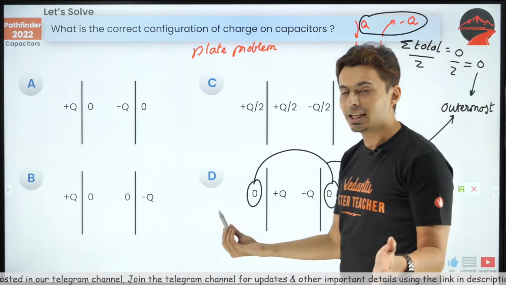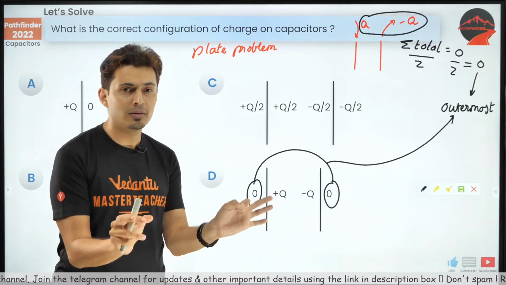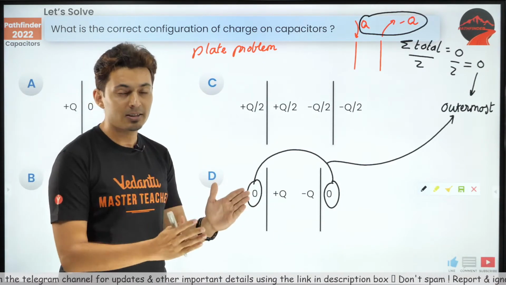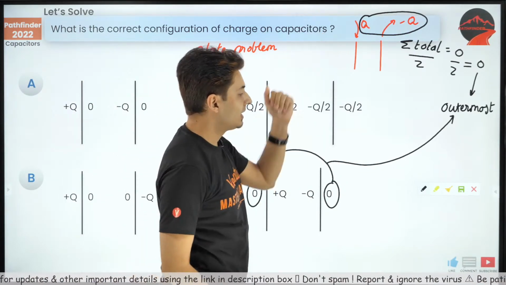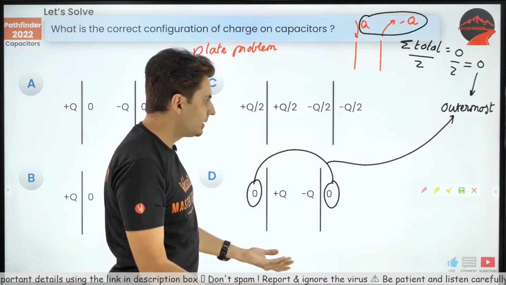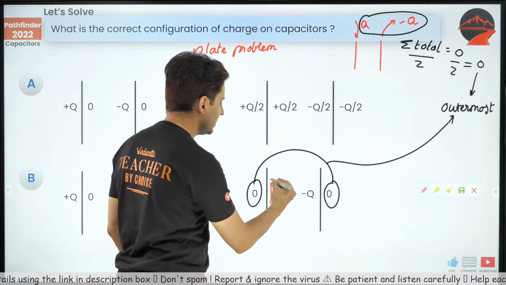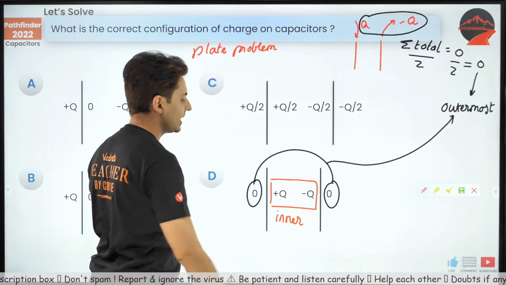That's the trick I had given you in the plate problems lecture, one lecture exclusively just for plates and shells in the Pathfinder series. Lastly, obviously I have given Q charge, so that charge has to be there somewhere. Where will it be there? Obviously on the inner side. So these 2 charges will be there on the inner surfaces of the capacitor.